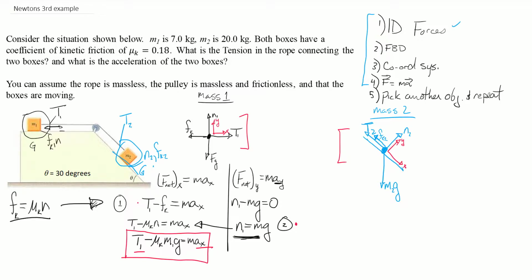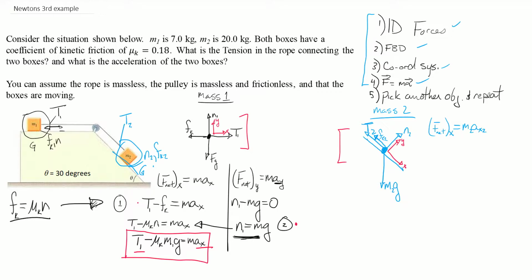But anyway, moving on. So now it's just apply Newton's laws. We've done 1, 2, and 3. Now it's apply Newton's second law in that coordinate system. So if we start with, might as well go with the x direction. F net x is equal to m2 ax2.